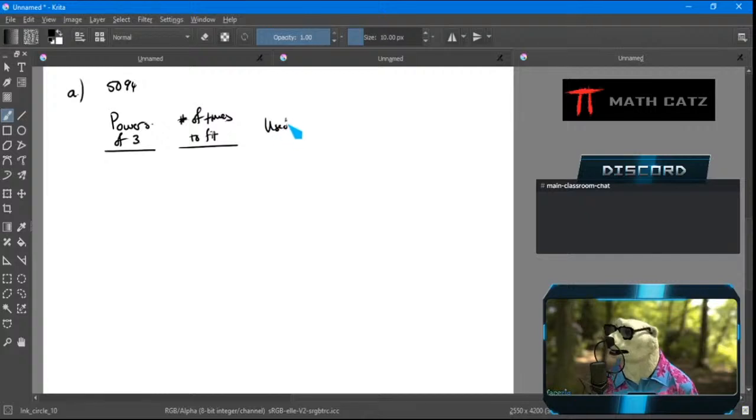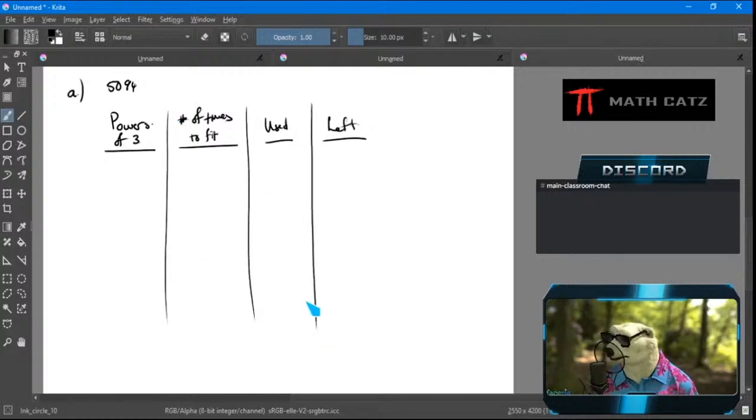How much have I used? How much is left? And those columns seem to do the trick for me. I don't need more, but I'm not comfortable doing fewer columns. This is what I personally like.